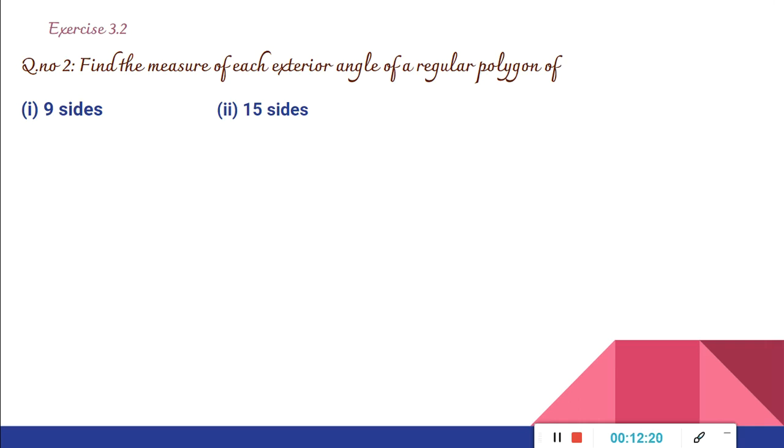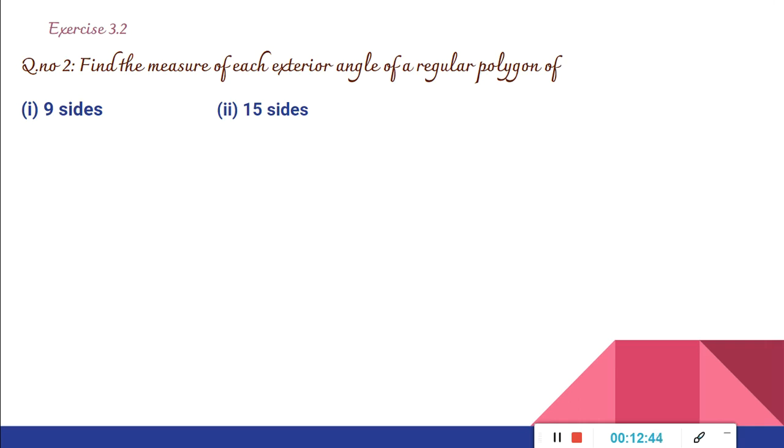now for a polygon with n sides, how many angles will it have? If the polygon has n sides, that means it will have n number of angles, isn't it? Angles and sides both are same. So here if the polygon has 9 sides, then the polygon would have 9 angles, isn't it?